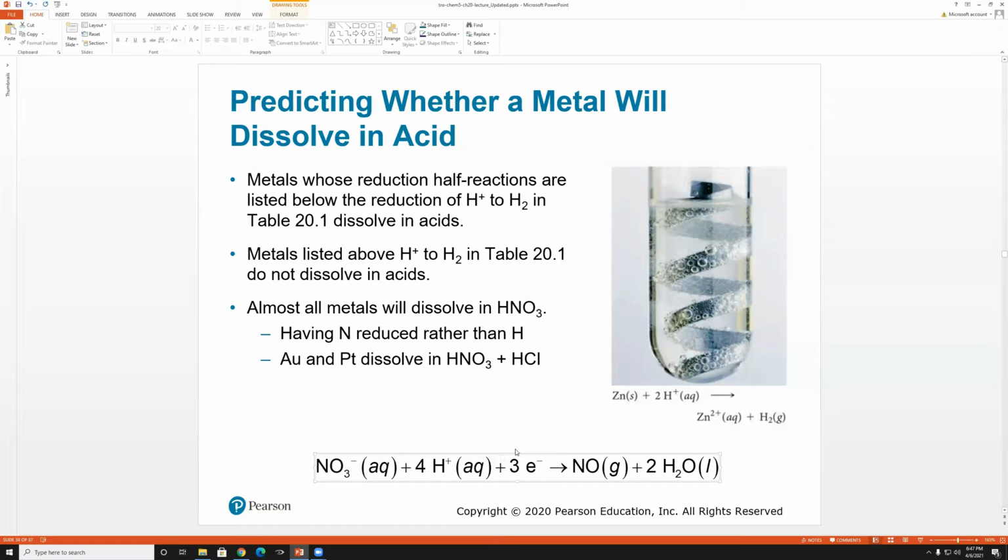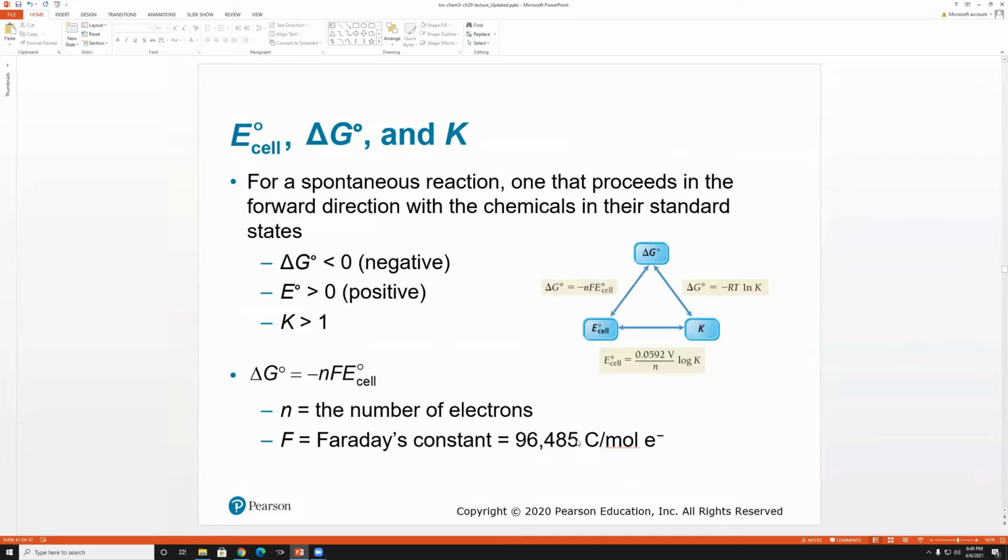That's the reduction for NO3 minus. Since that reduces further, it has its own potential, which is higher than 0. And most of the metals are below it. That means most of the metals will dissolve in nitric acid. So you can work on that.